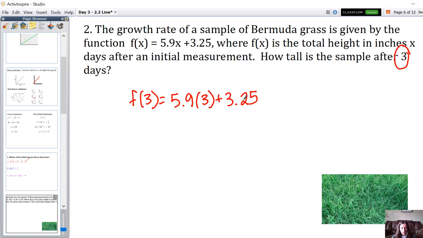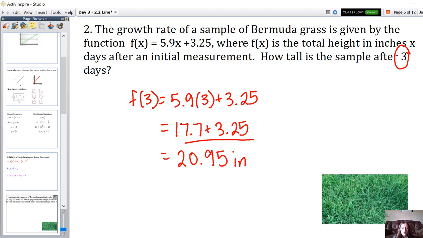So 5.9 times 3 is 17.7. 17.7 plus 3.25. And then now we can add them together, and we get 20.95. And since we were in inches, that is the total height of the Bermuda grass after 3 days.